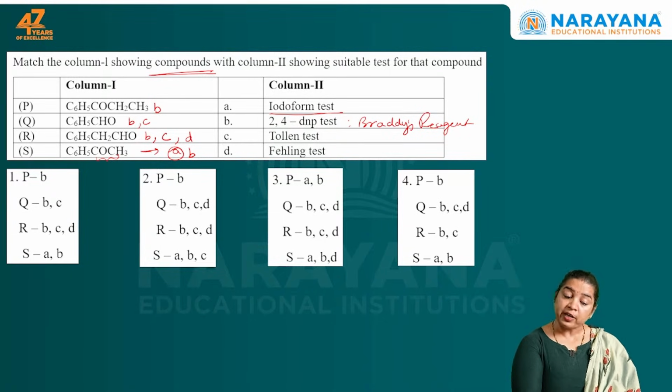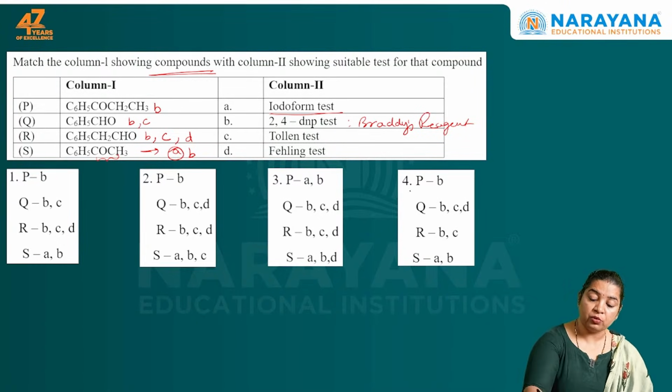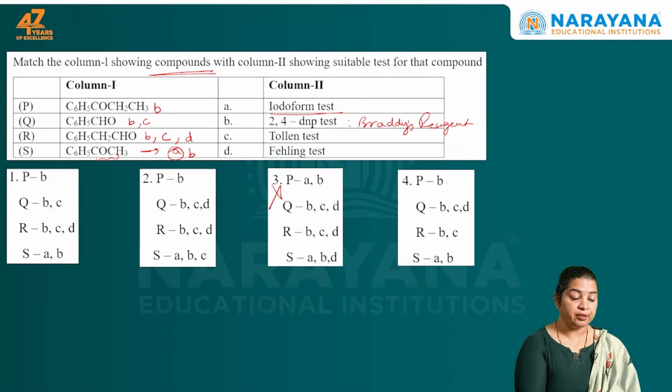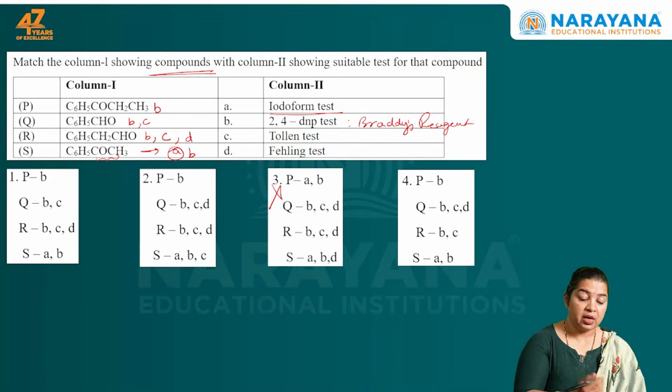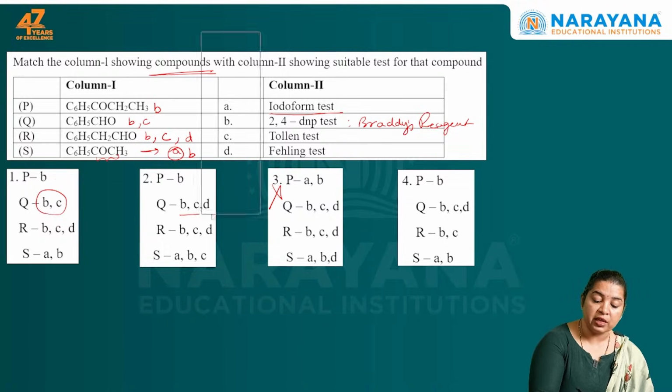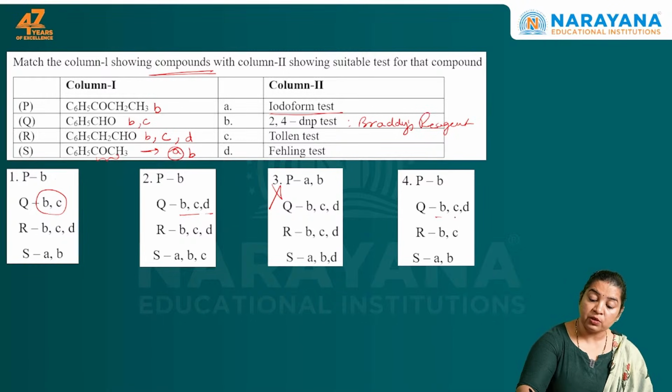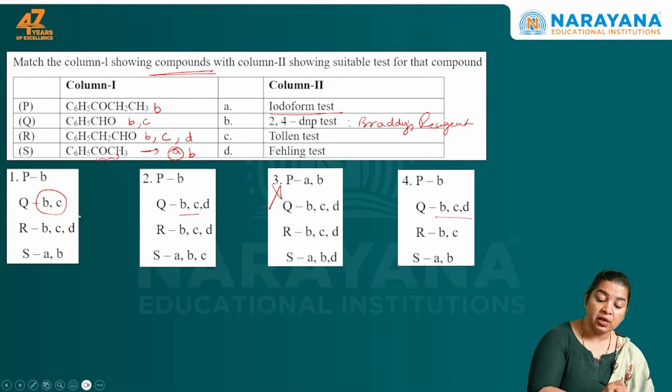So, final conclusion, P should be matched with only B. So, I have only choices first, second and fourth, option 3 delete, not acceptable for us. Q, B and C, and only this option has B and C. Well, if this option has B and C, so our choice has to be option 1.